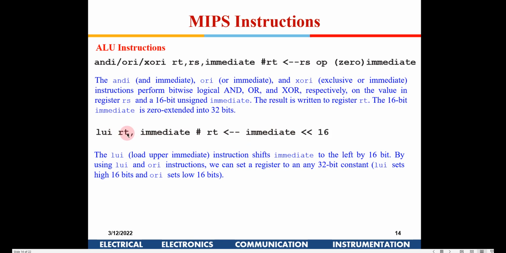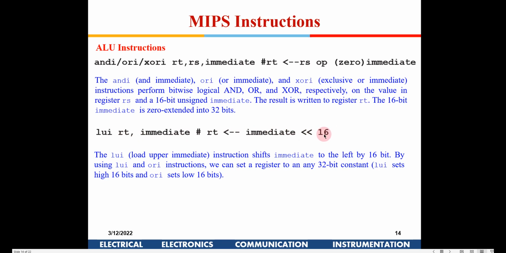Suppose I have to write 32-bit information, then what do I do? Although I have written it here, I will explain this after two or three more slides. This is how we can write 16-bit data into the higher bits of the register. You can't write into the lower bits directly.